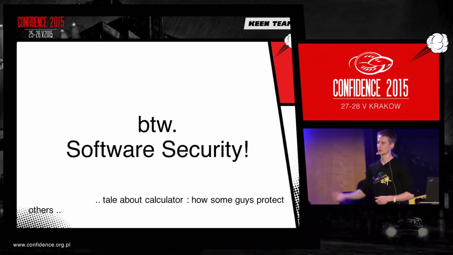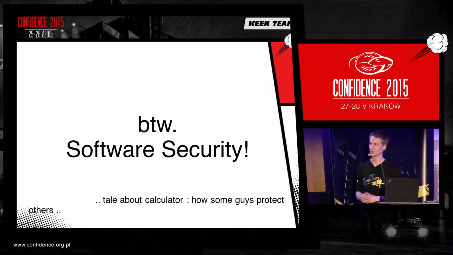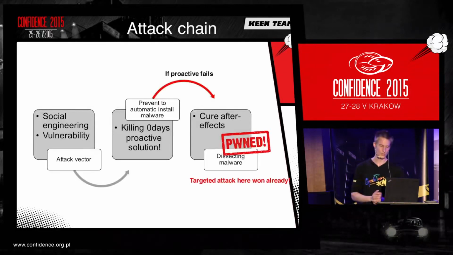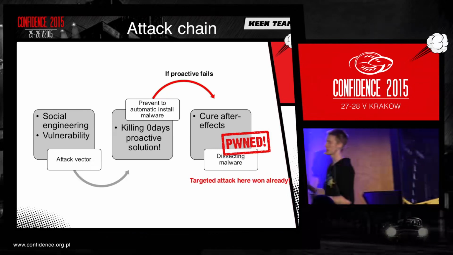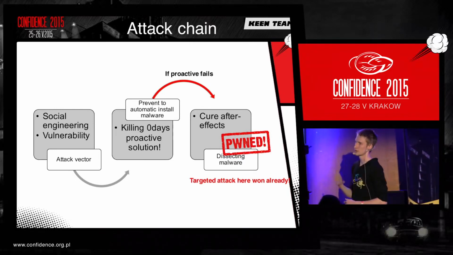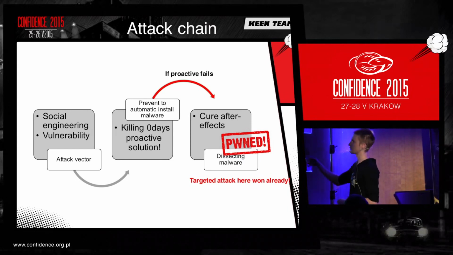Lately, there have been some problems with software security and research, and I want to react a little bit to this. Usually the attack chain is that, because you have antivirus, it protects you and the companies from getting compromised. But the attack chain is that first you need to somehow get into the victim's computer, and for that you need social engineering or a vulnerability.